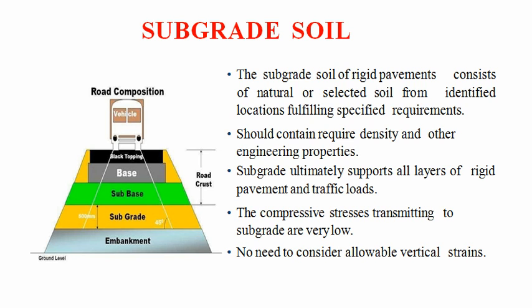The subgrade ultimately supports all the layers of the rigid pavement and the traffic loads. The compressive stresses transmitted to the subgrade are very low, and there is no need to consider the allowable vertical stresses as in the case of the subgrade soil.